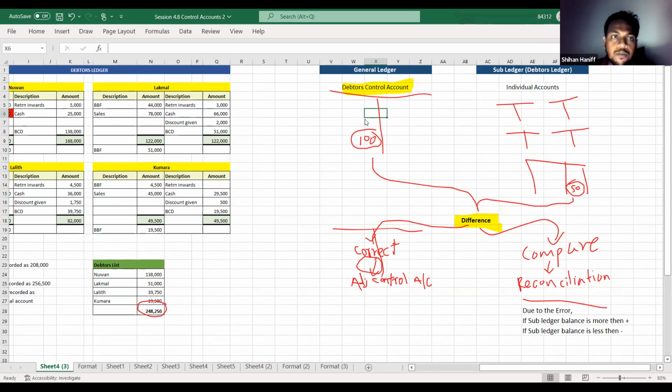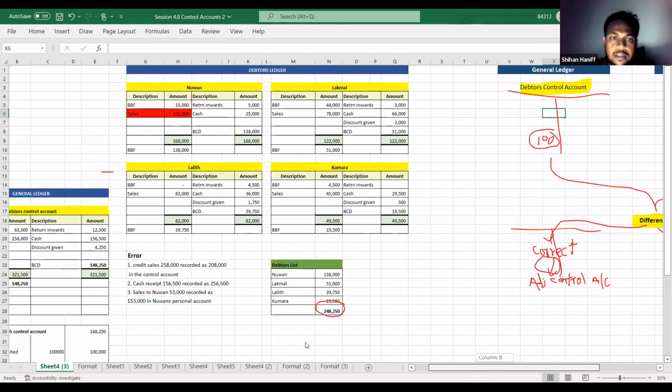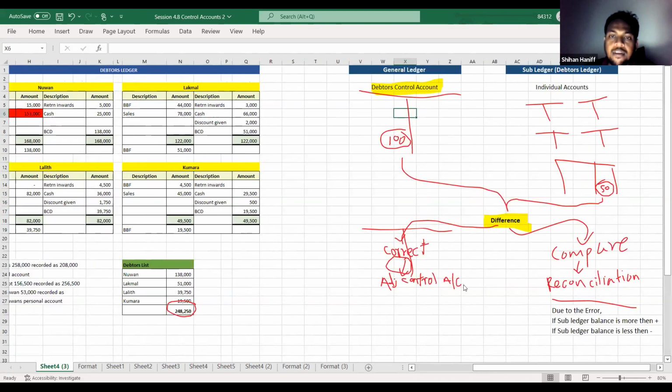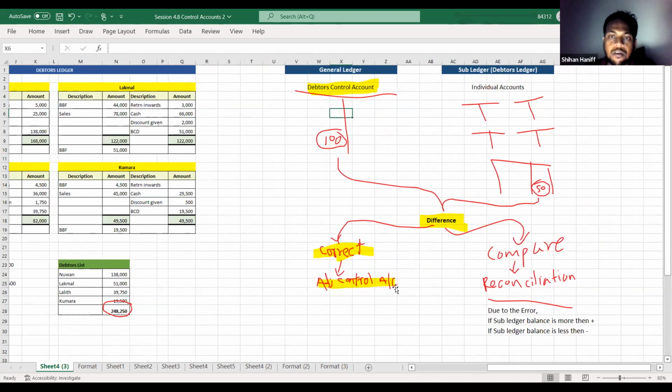If the difference comes from the control account, like in our first example, sales value 258,000 recorded as 208,000, then we corrected it through the adjusted control account.